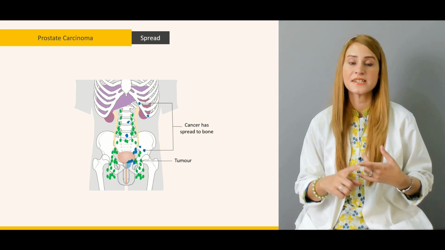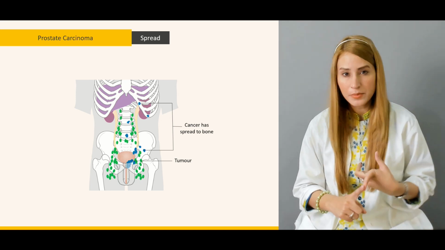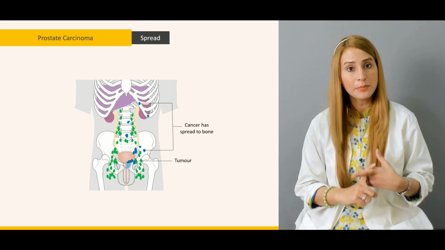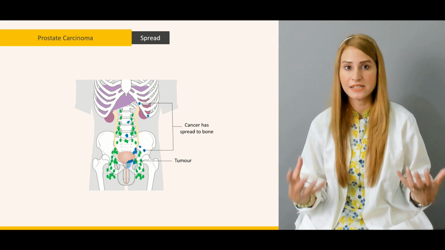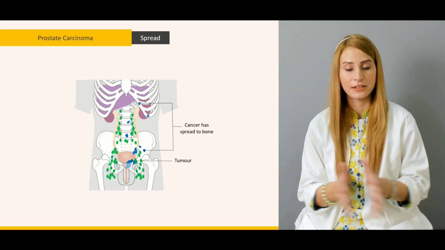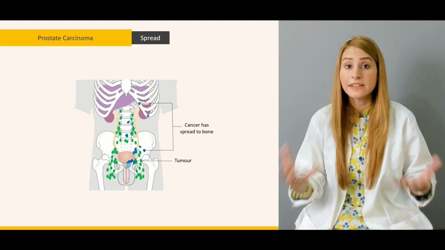The most common site for metastasis of prostatic cancer is the lower lumbar vertebrae. There can be pelvic bone invasion. There can be metastasis to the ribs, and the lumbar vertebra most commonly, and the femur as well.